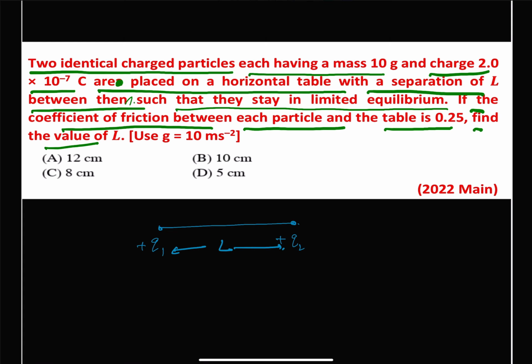So Q1 is going to apply force in this direction. Let us call this F1, and Q2 is going to apply the force on Q1. Let us call that F2. If it is in limiting equilibrium, then friction is going to balance the electric force of repulsion.